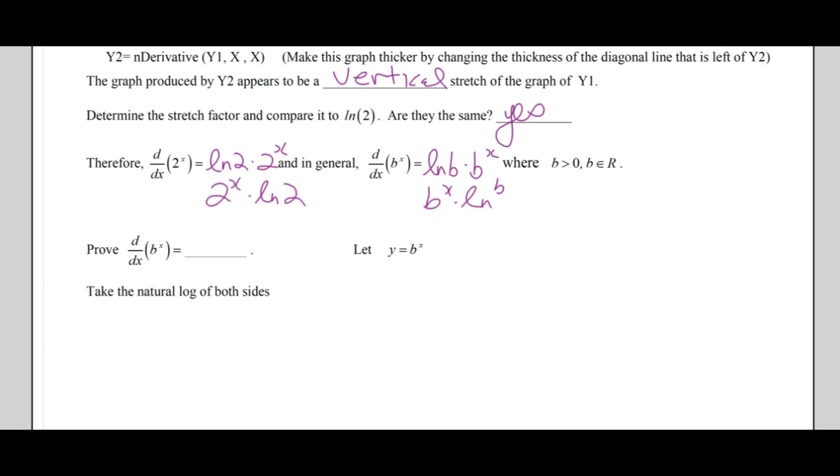Okay, so this is the order we want to look at, right? It's b to the x, so you say derivative of an exponential, then it's just the exponential, b to the x, times ln b. So, let y equal b to the x. Take the natural log of both sides.